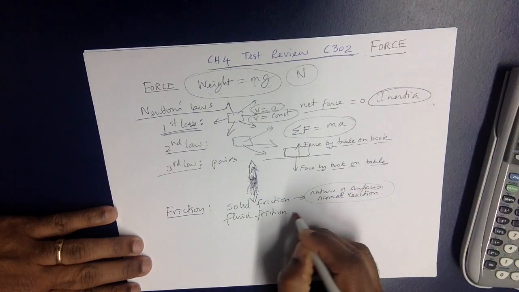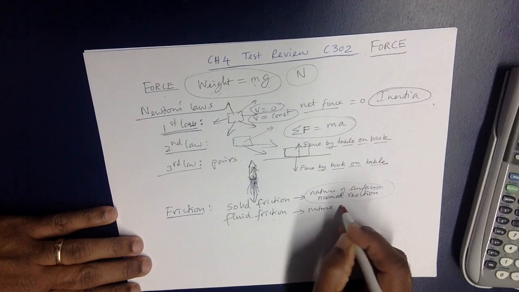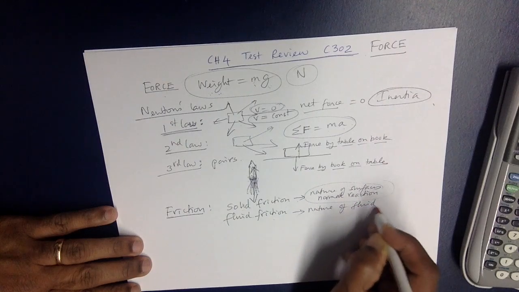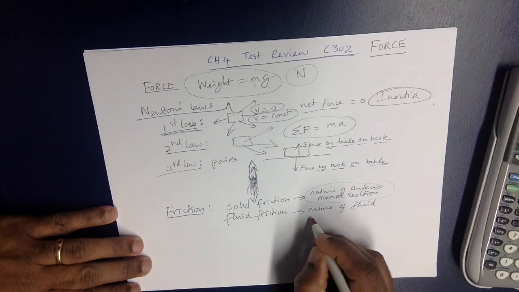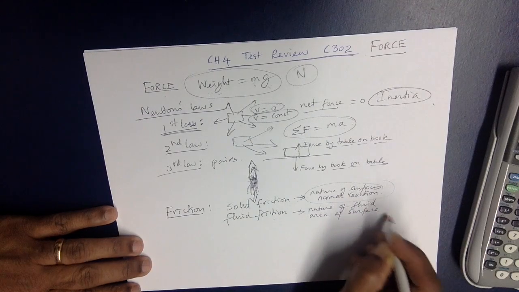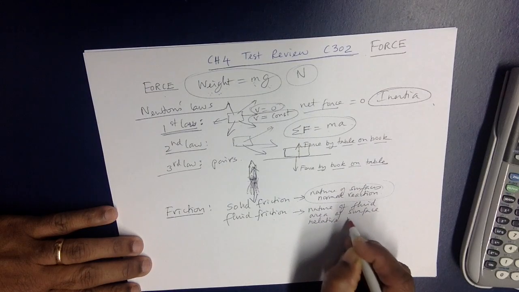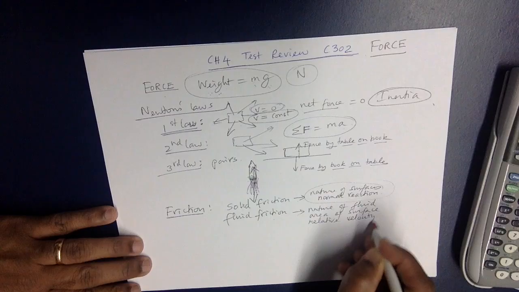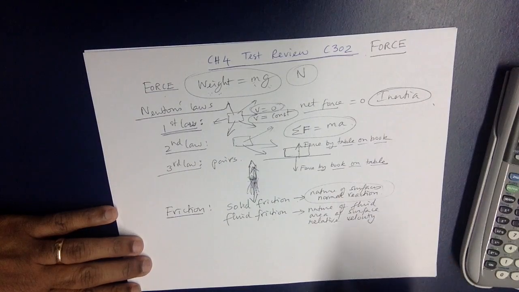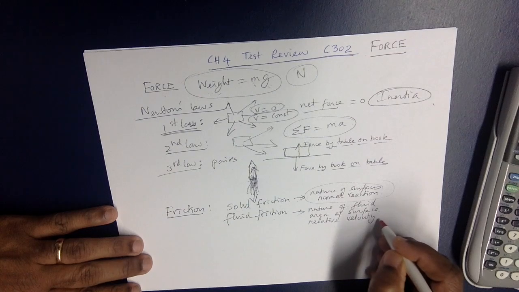Fluid friction depends on what factors? It depends on the nature of fluid. It depends on the area of surface. It also depends on the relative velocity of the surfaces.